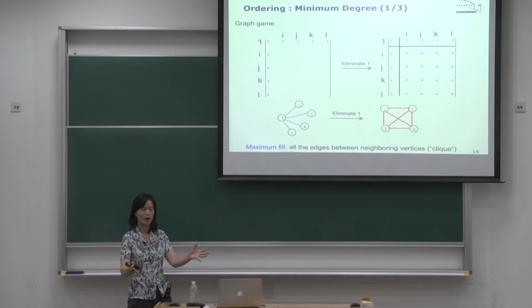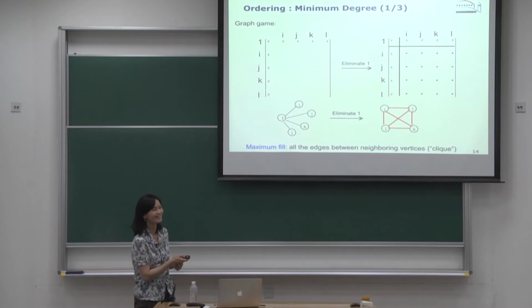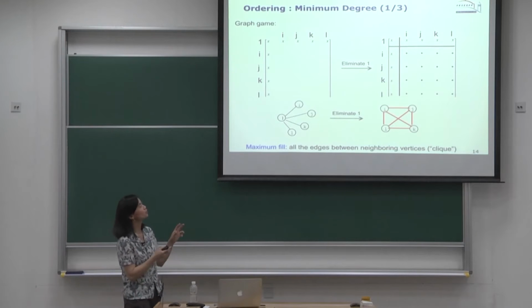So you are given a graph A with n vertices. The first step is which vertex you want to choose. Minimum degree, that's right, so that's why they call it minimum degree. Suppose you have two vertices.